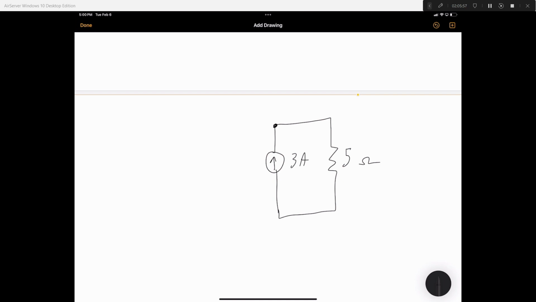Well, the voltage at this point is equal to what? V2. It's 20 volts. There's another point here.